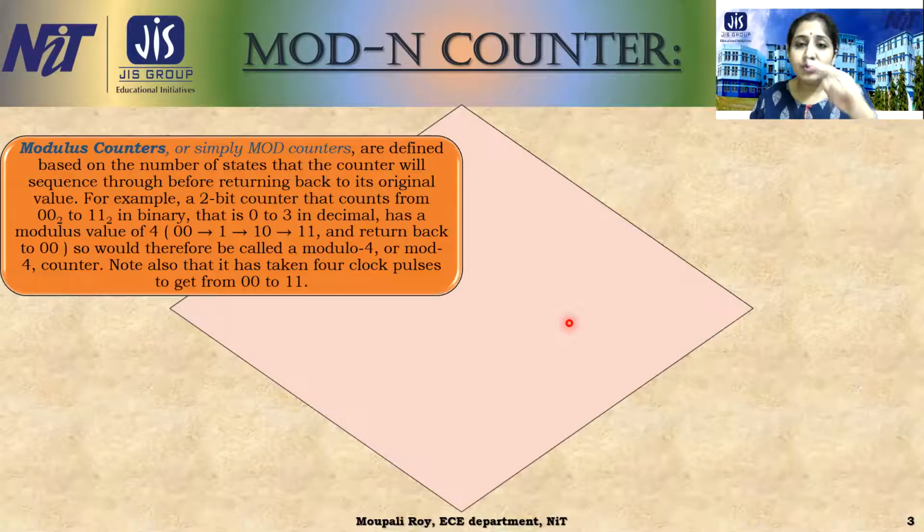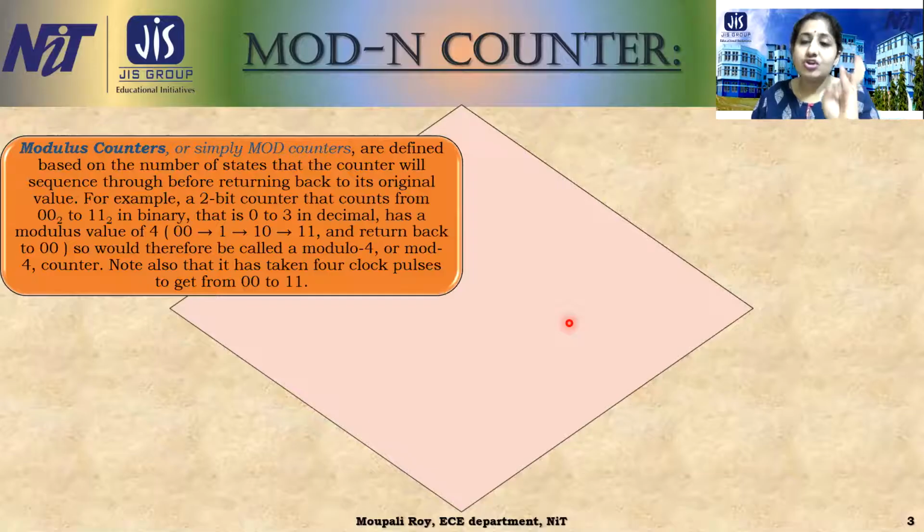That means if 2-bit, then 00, 01, 10, 11. That means these 4 numbers they can count. So in case of binary, it is 0 to 3. So it has 4 modulo: 0, 1, 2, 3.